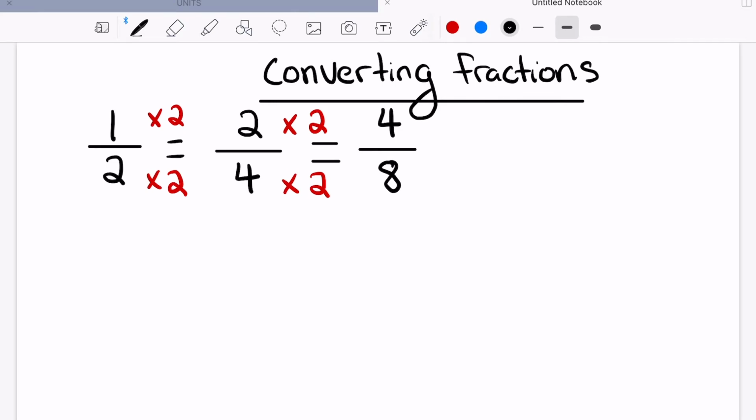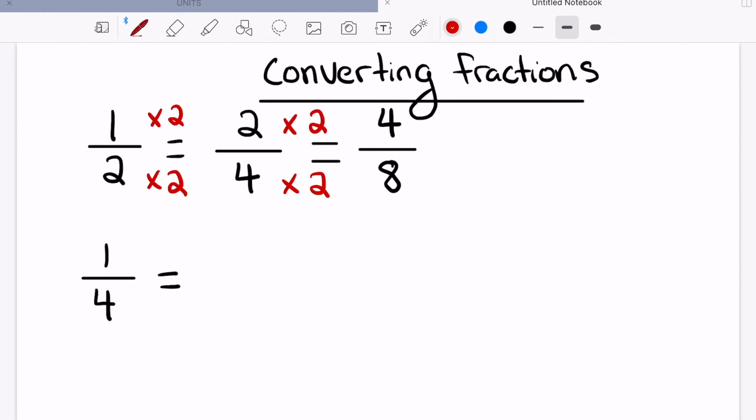Here, let's try a different fraction. Let's try 1/4. Let's find an equivalent fraction.